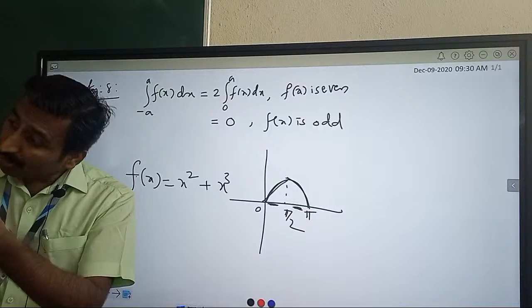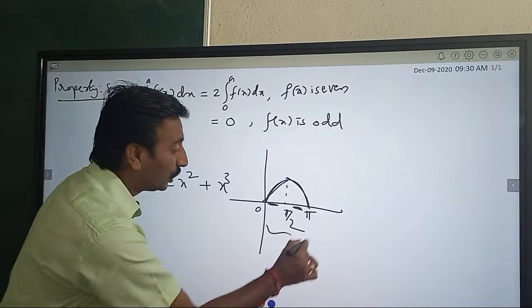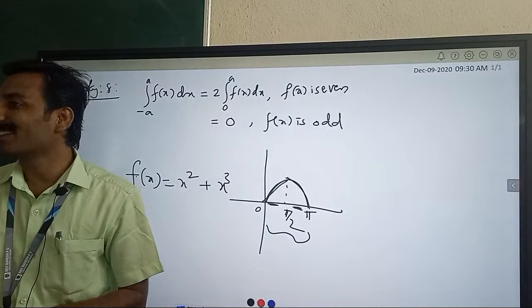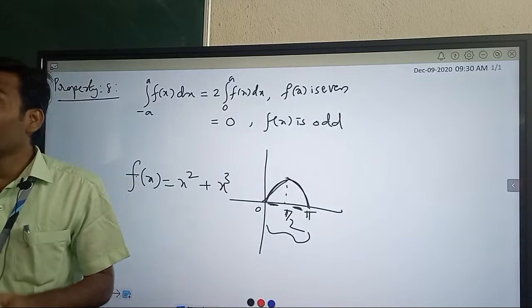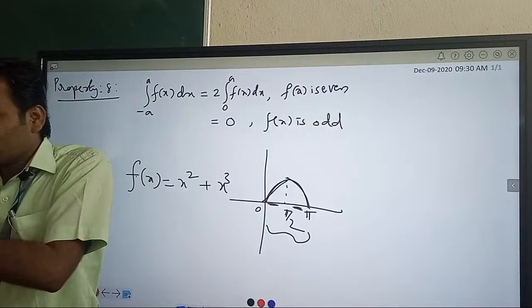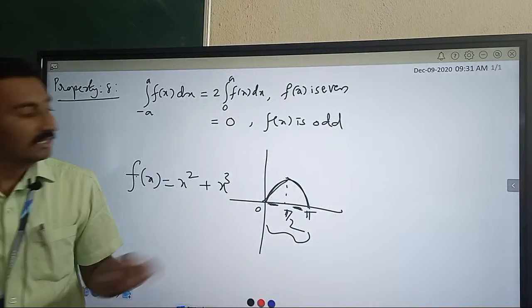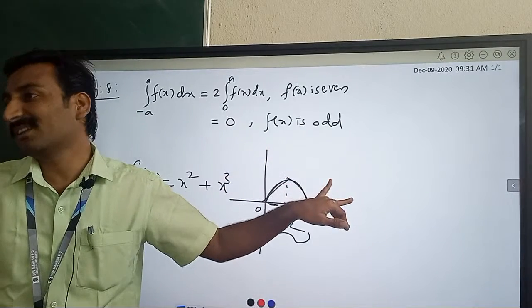What about the sine function between 0 and 2 pi? Neither increasing nor decreasing. Correct? When you split the interval, then only you can speak about either increase or decrease.